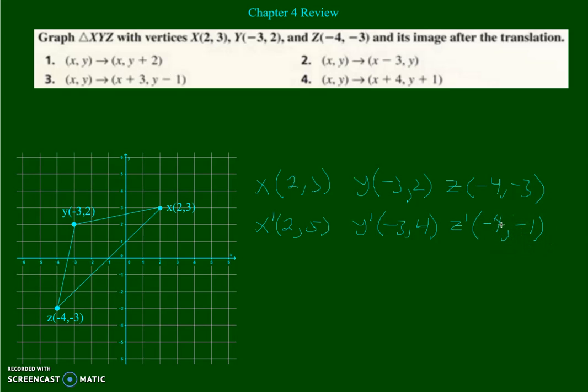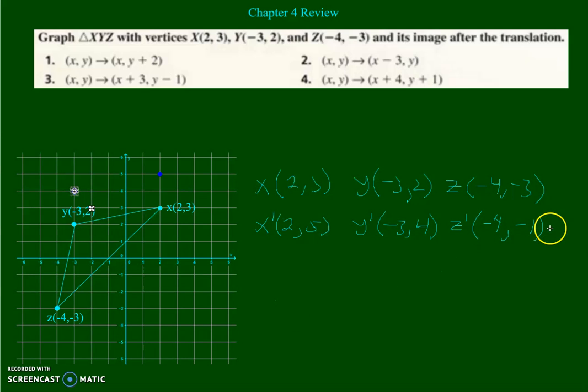So now we go ahead and plot those points. And just to highlight these, we will change our color. And we go to (2, 5). So (2, 5) is up here. (-3, 4). So (-3, 4) up here. Let's pull that down a little bit.